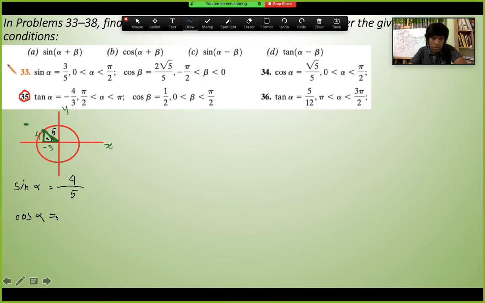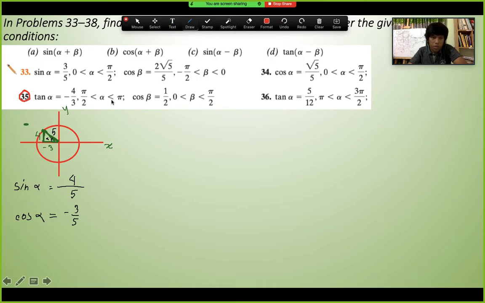Minus 3 by 5, because the cos formula is adjacent by hypotenuse. And tan we already have, it is given in the question, so we do not need to write it once again.